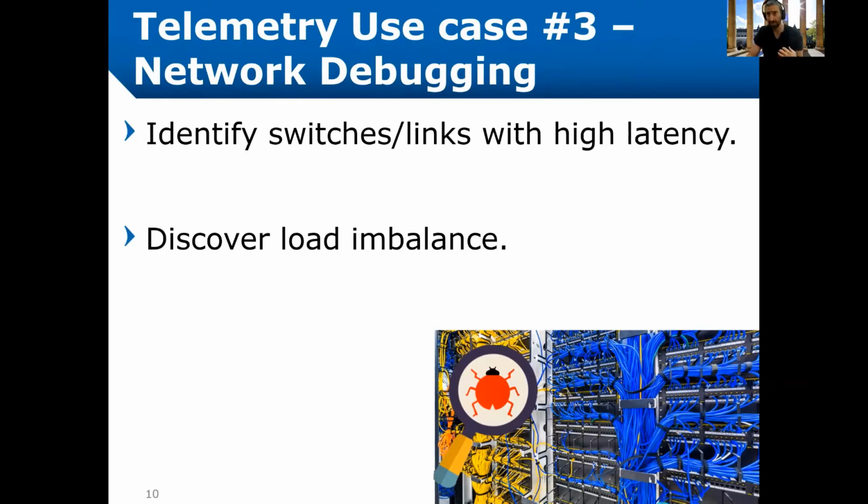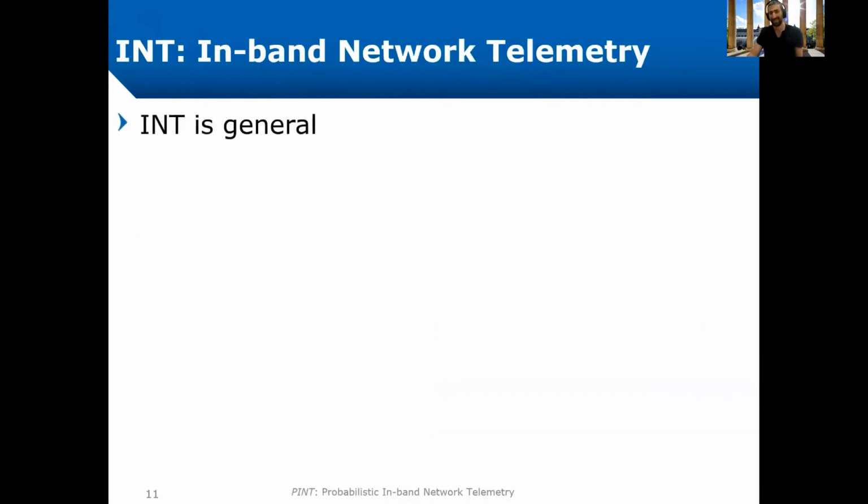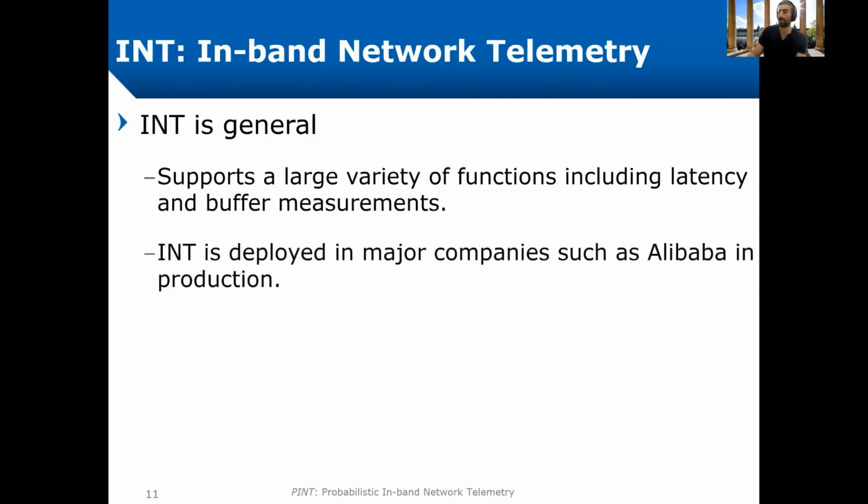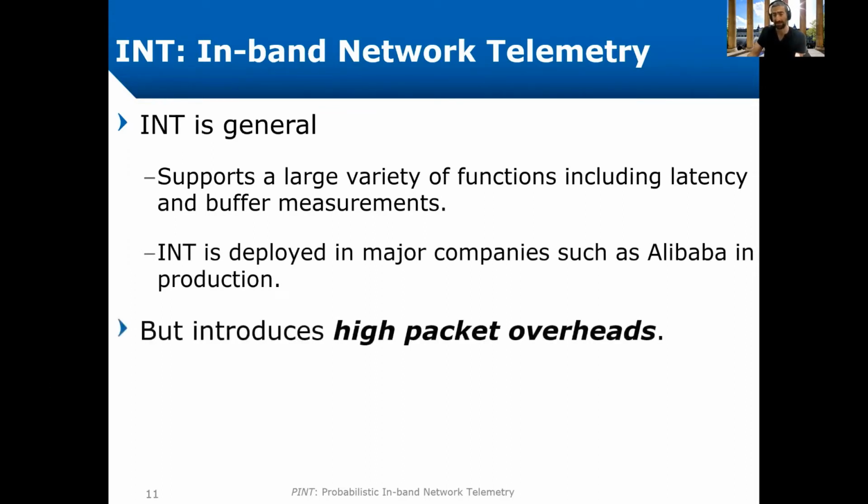Right? So INT is really general, right? Like you can basically collect everything that's available to the switch. You can collect latency information, you can collect queue information. It's already running in production in major companies, but it's also pretty expensive.